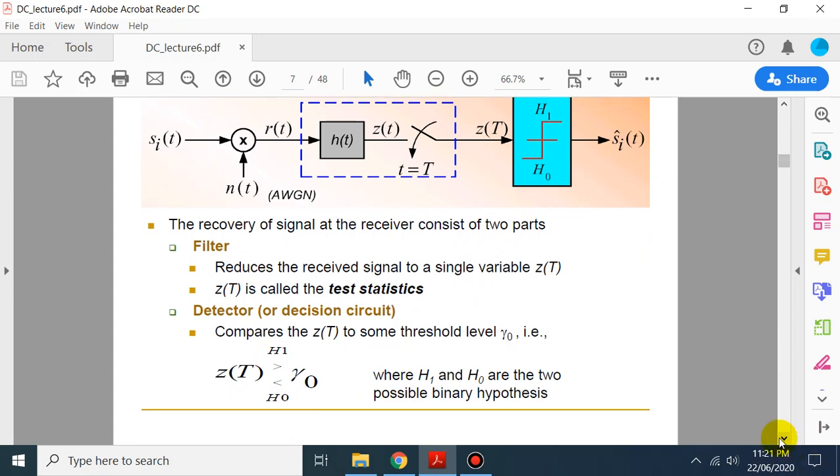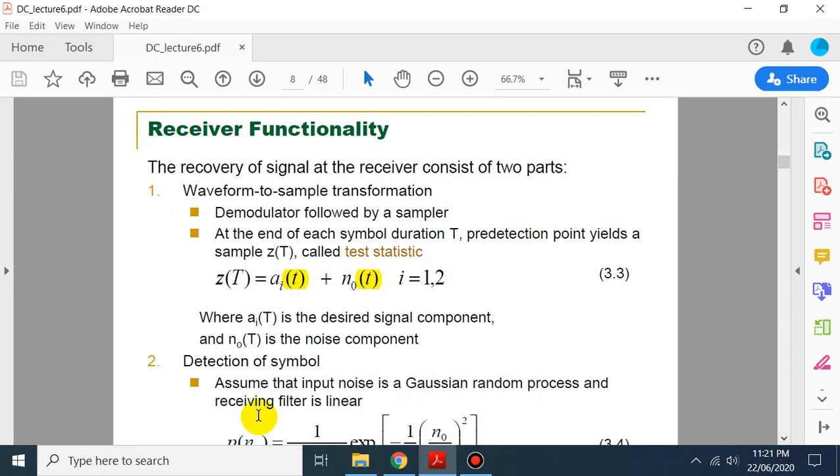Okay, now moving further, let's see the functionality as far as the receiver is concerned. The recovery of the signal at the receiver consists of two parts. As I told you in the block diagram, the first part is the waveform to sample transformation, the demodulator followed by a sampler here. At the end of each symbol duration T, the sampling point yields a sample z(T) called the test statistic.